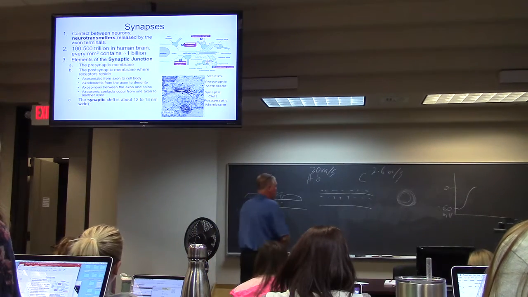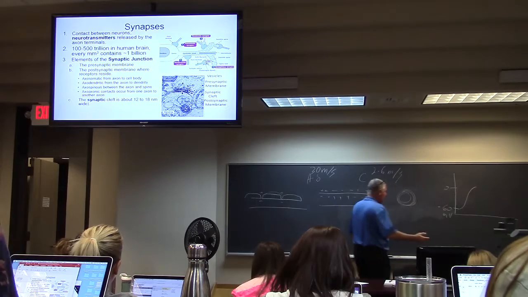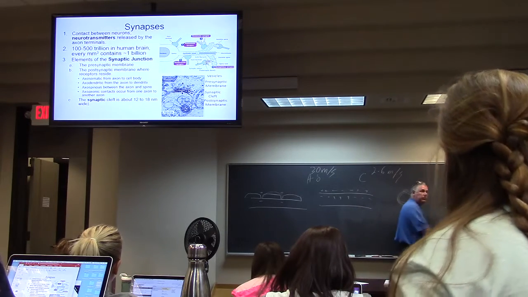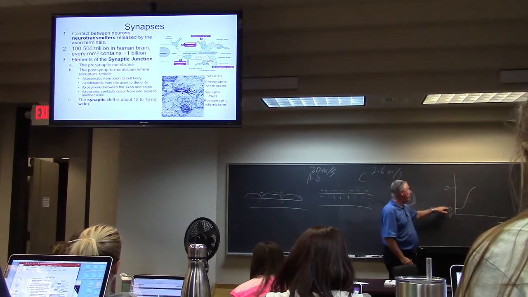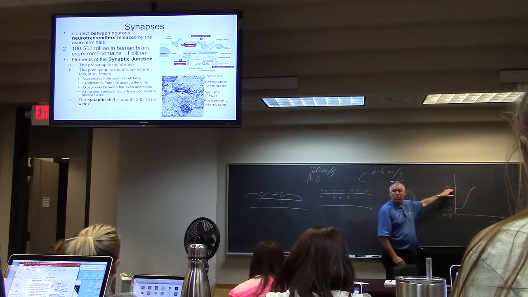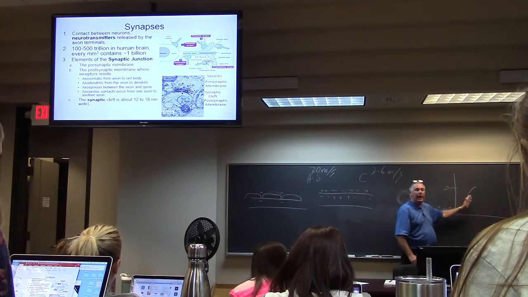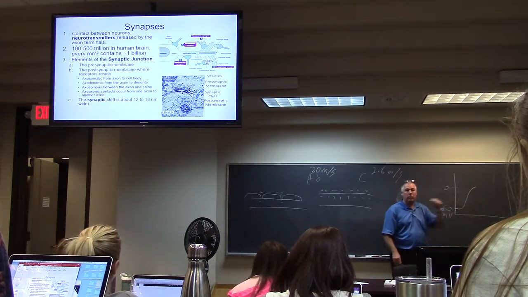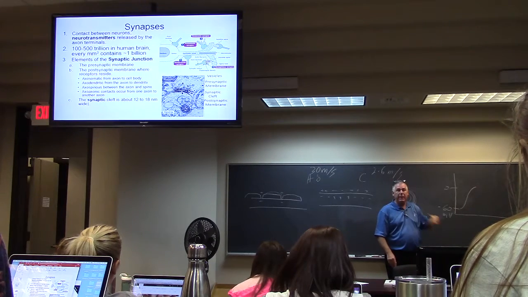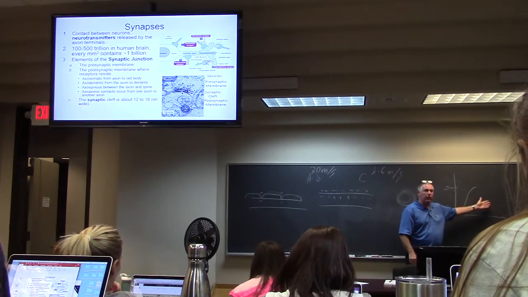So something that's excitatory would cause this membrane potential to change towards 0, and you would propagate an action potential in the next neuron. Depolarization of the next neuron.